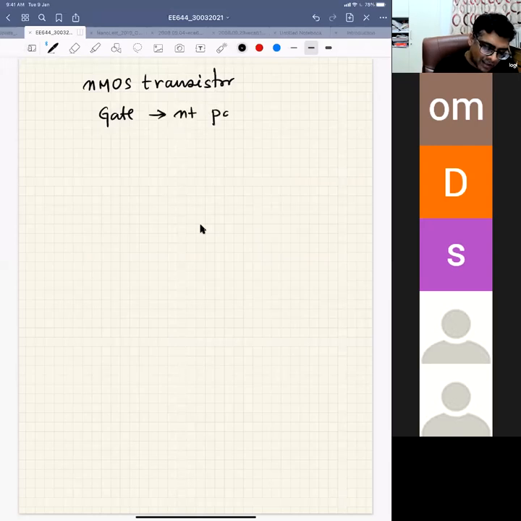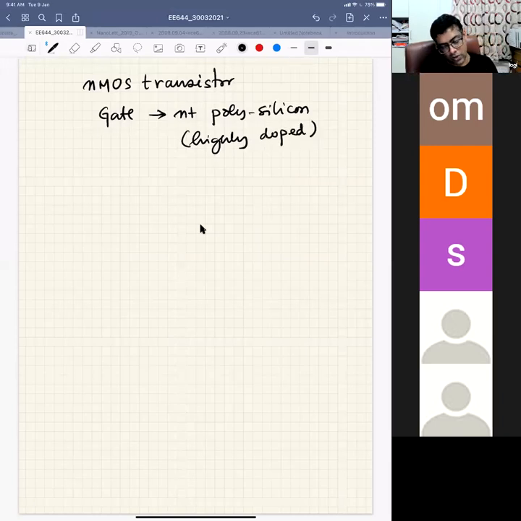When I talk about N plus polysilicon, this is highly doped, around 10 to the 20 to 10 to the 21 per centimeter cube. Because we have an N plus polysilicon sitting there, let me draw.